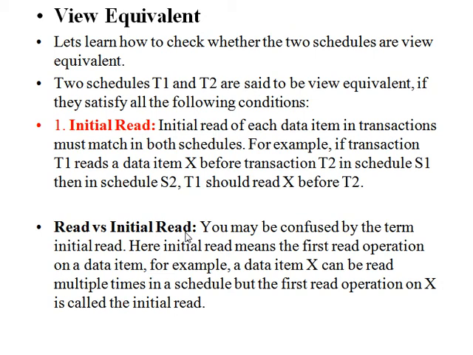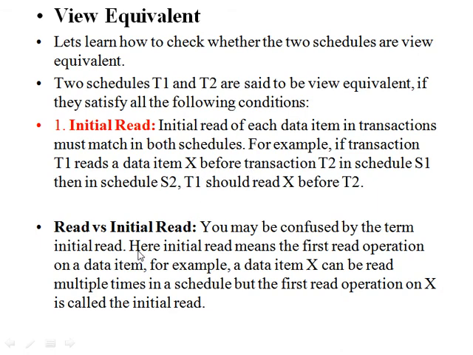For example, if T1 reads a data item X before transaction T2 in schedule S1, then in schedule S2 also T1 should read X before T2. We are just seeing the definitions; again we will compare these conditions with our example.